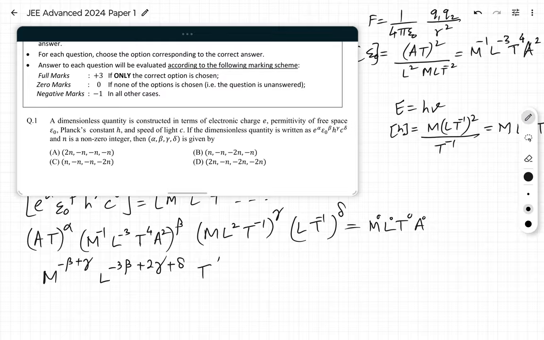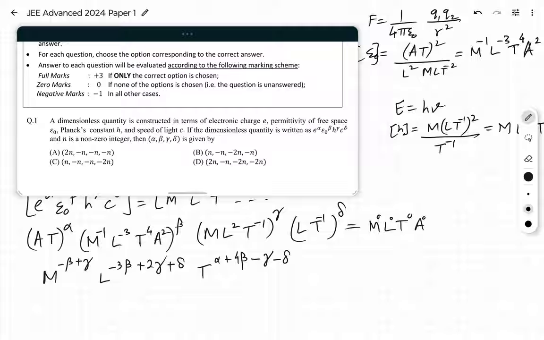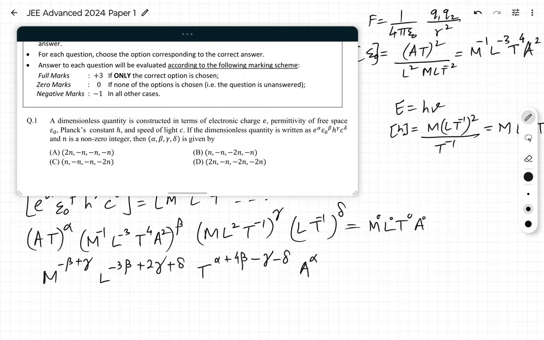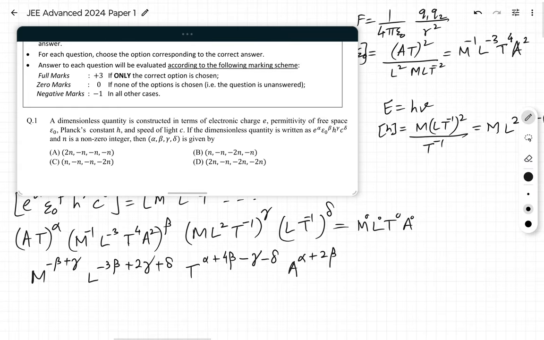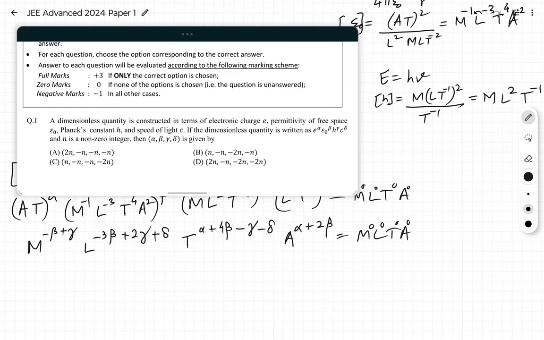For T, alpha plus 4 beta minus gamma minus delta. For A, alpha plus 2 beta. Yes, we are done. So M, L, T and A are 0. If we equate the powers to 0, we get 4 equations.